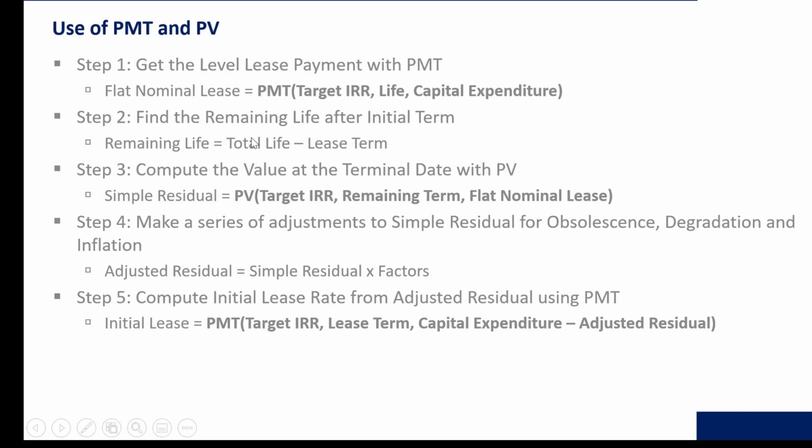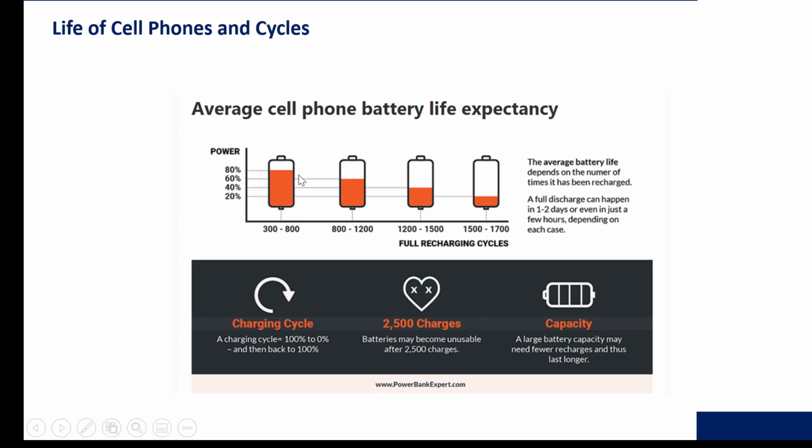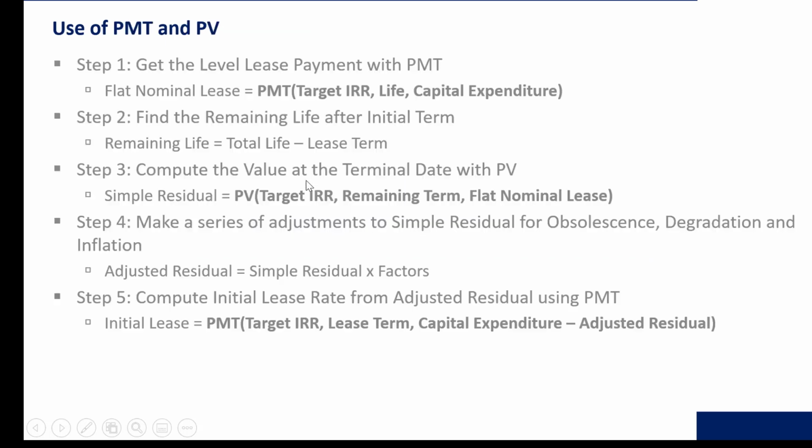You could say, okay, I'm going to first figure out how much remaining life I have, again, based on the number of cycles, not the number of years. And then let's say we forget all of this obsolescence, degradation, inflation, and all of that stuff.